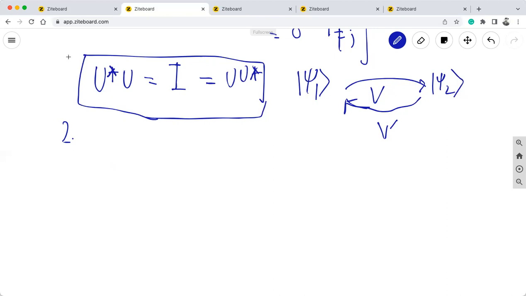So this is a very important formula, a property for unitary matrices.